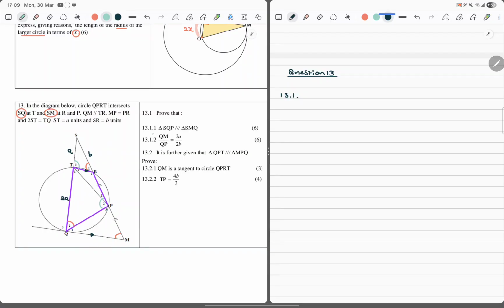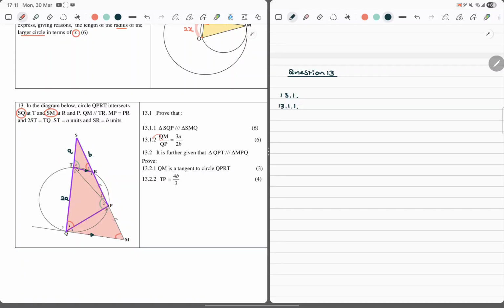13.1. We need to prove that triangle SQP, so this is the big triangle, is similar to triangle SMQ. So basically we are comparing this shaded triangle and that smaller one.